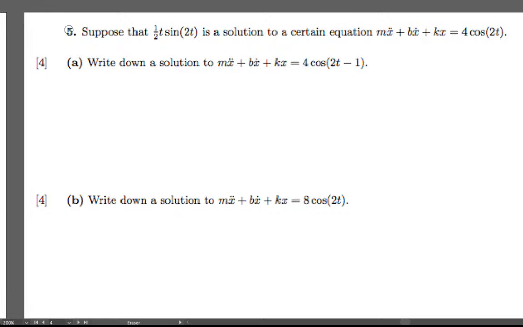Then y equals x of t minus a. Okay, let's try to use this logic. X here is 2t. Y would be 2t minus 1, which is 2 times t minus half.